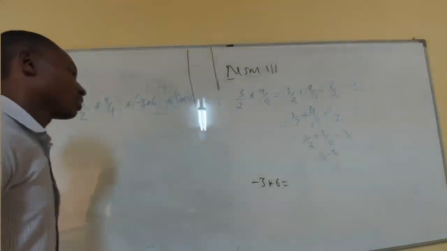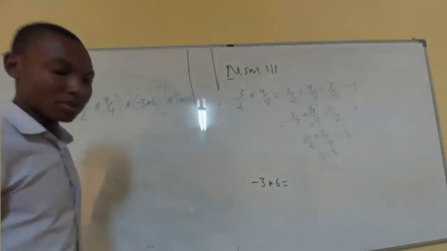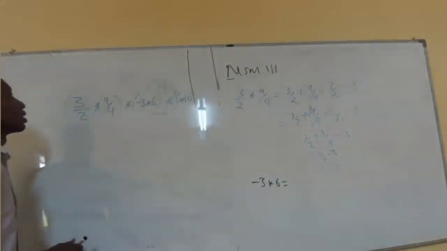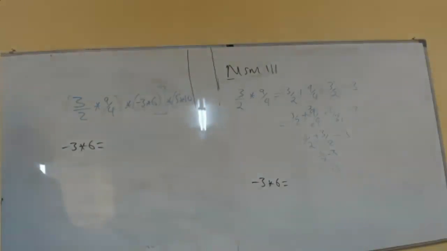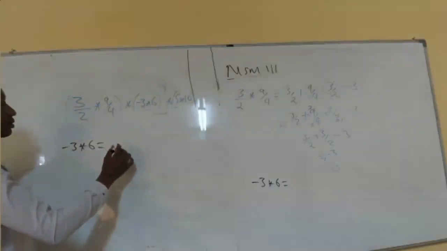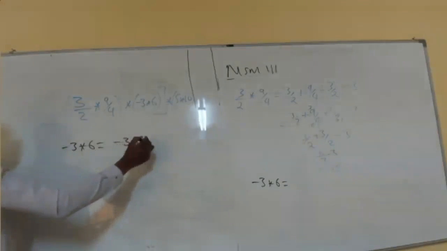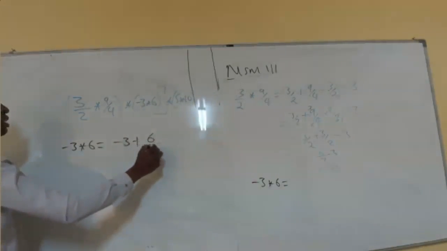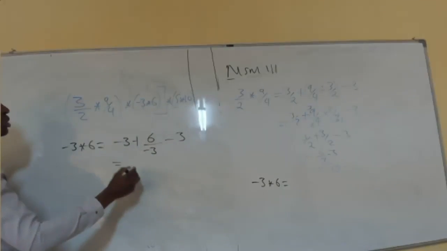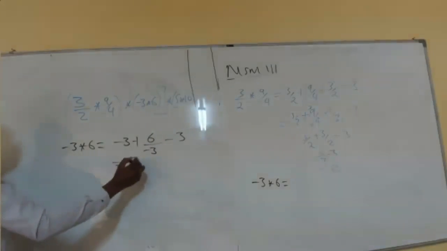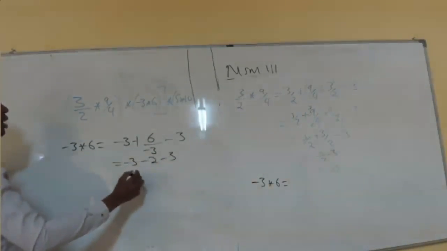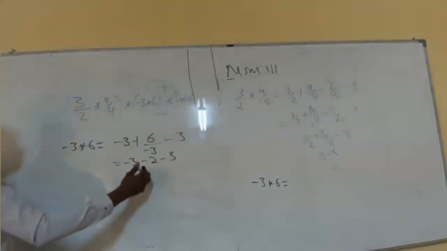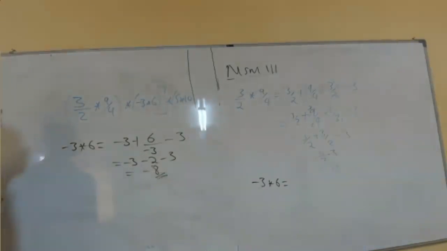Okay, so negative 3 star 6 is equal to the first number, negative 3, add the second number over the first number, then subtract 3. So this is going to be negative 3. 6 over negative 3 is negative 2, so minus 3. Negative 3, negative 2, negative 3 is negative 8. So this is negative 8, alright?